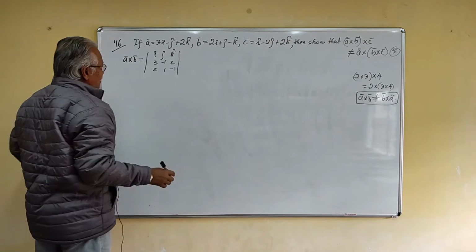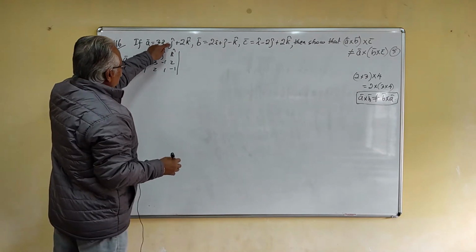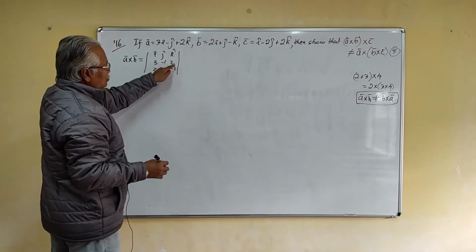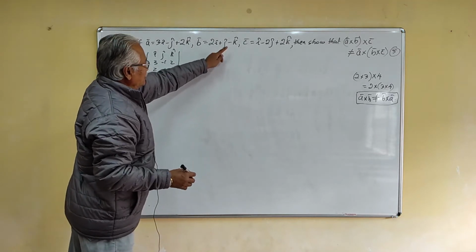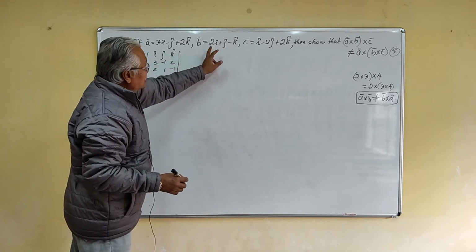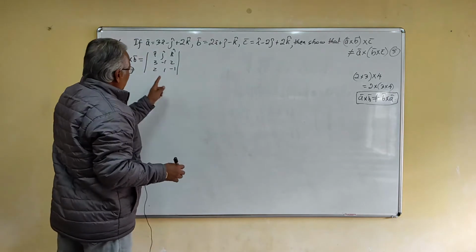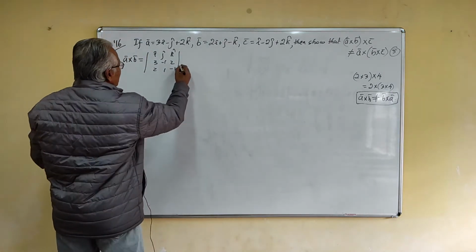Is that fine? Check. 3, minus 1, 2, and 2, 1, minus 1. Those are the coefficients of the unit vectors i, j, k. So 2, 1, minus 1.